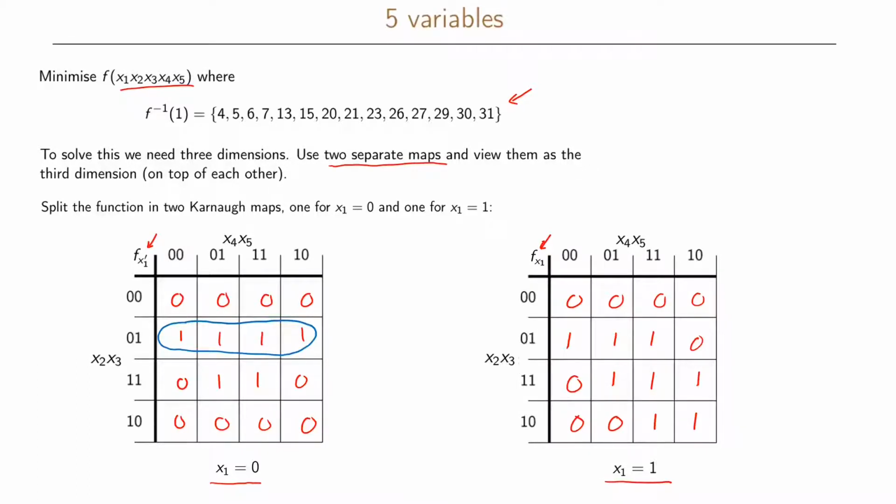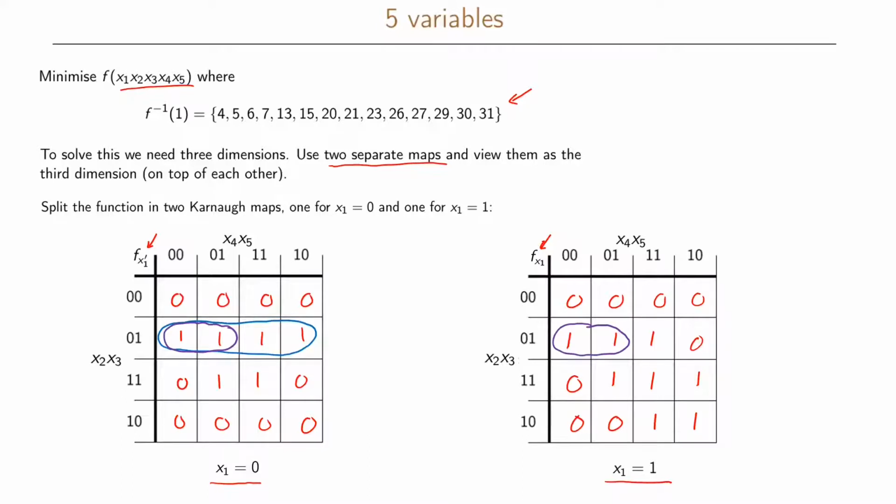This is the one that consists of this box in the first dimension and then this box in our other dimension, because we have to see this second map as being on top of the other one. Let us for clarification make this in a different color so we can see that this covers both our Karnaugh maps. So we make it like this instead.